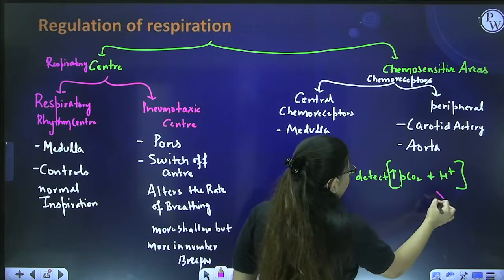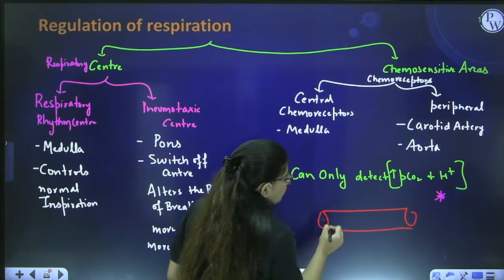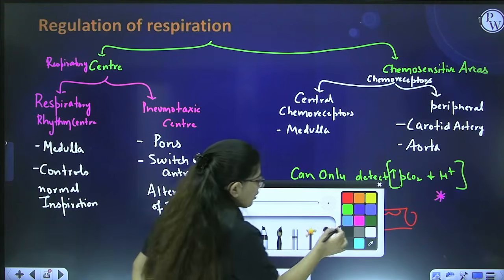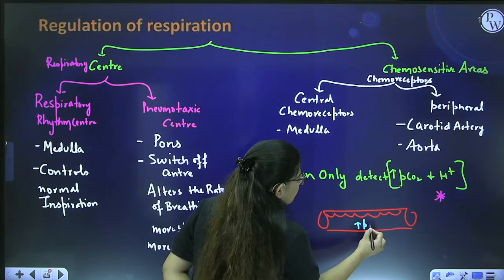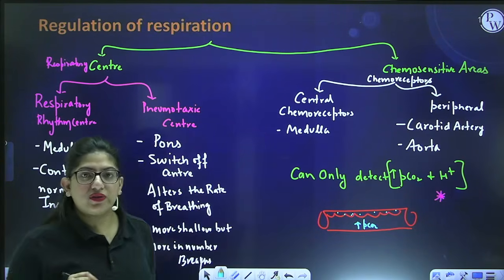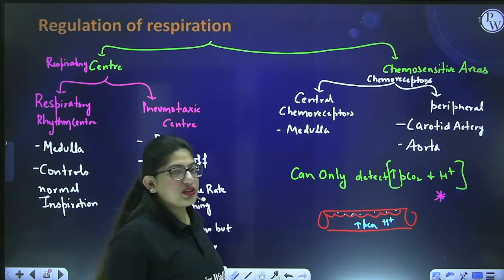For example, imagine in blood vessel, there are certain chemoreceptors present. Now imagine the partial pressure of CO2 increases. These chemoreceptors can readily detect the increase in partial pressure of CO2 or H positive ion. They cannot detect the increase in partial pressure of oxygen.